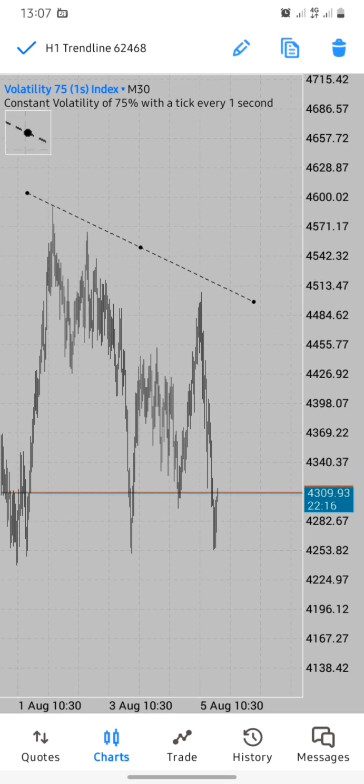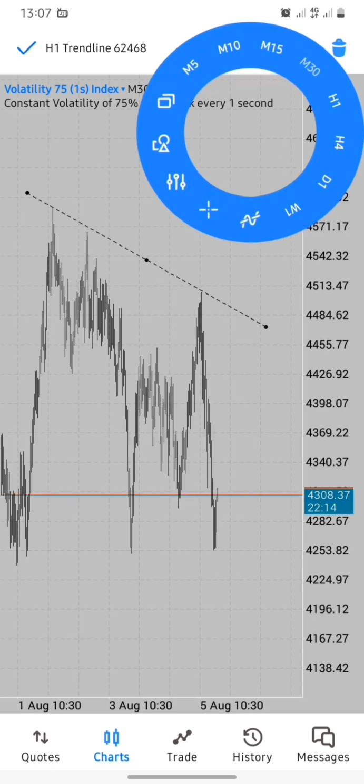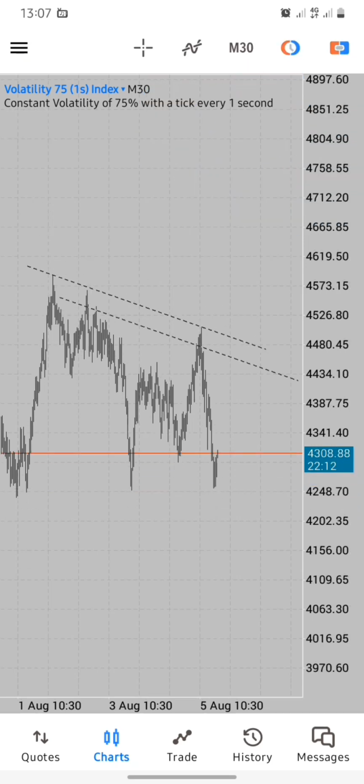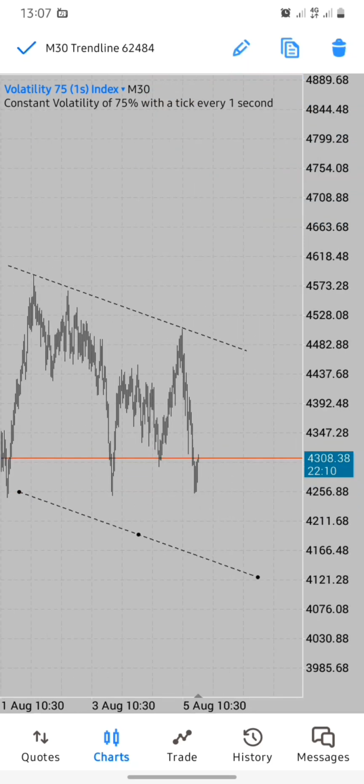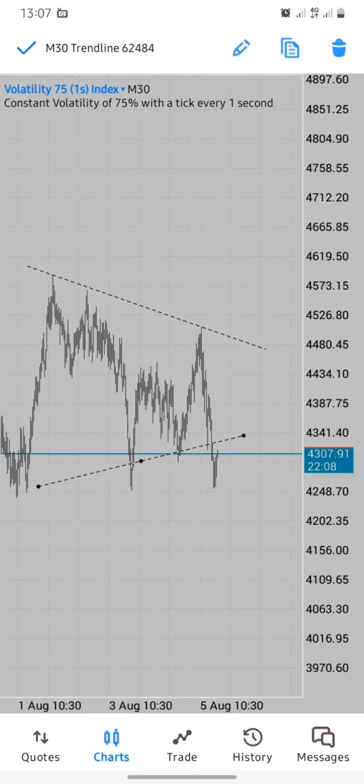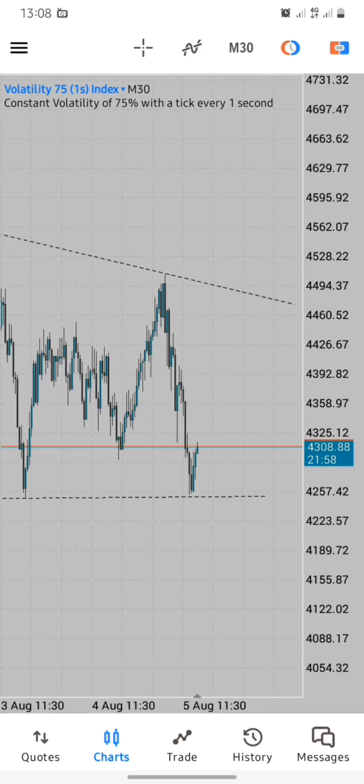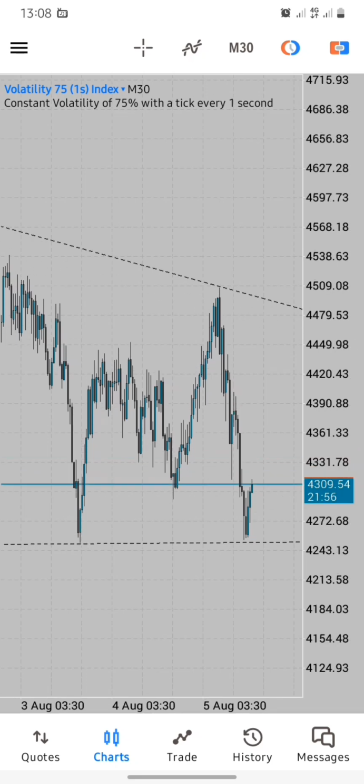Make sure that they touch two major points, and our lower trend line. So we have something like an ascending triangle. After drawing your trend line, you look inside the trend line if you can still draw other trend lines.